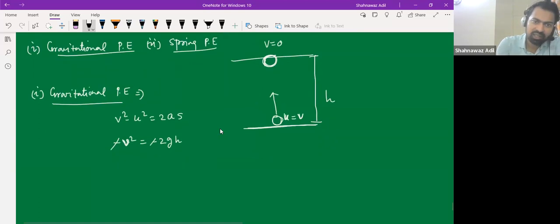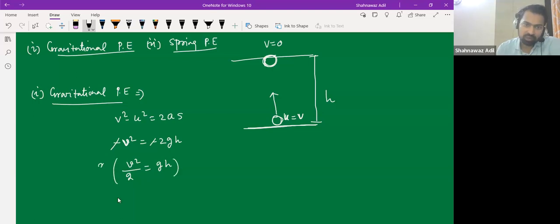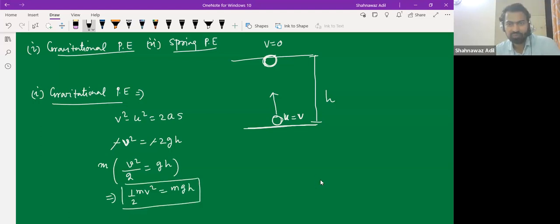So let's say if I take this 2 to this side, so this is gh, and I multiply this by m. So what will I get? I will get half mv square equal to mgh. So what does this equation tell?